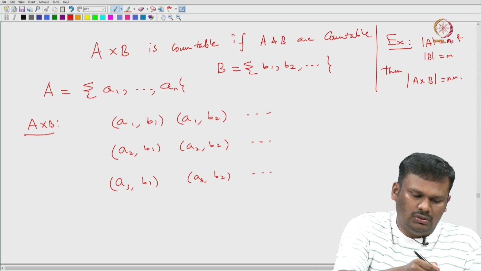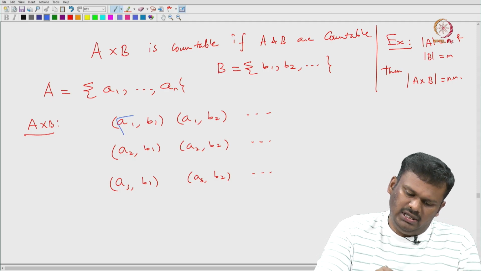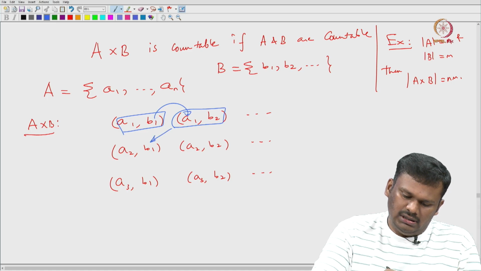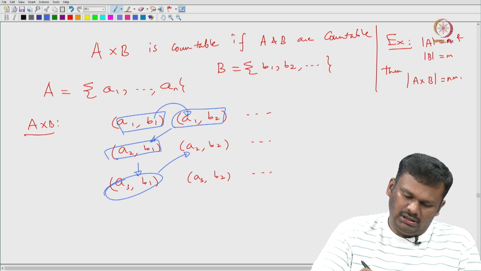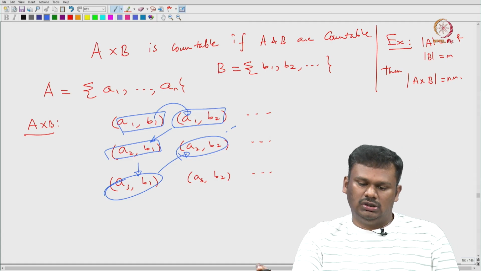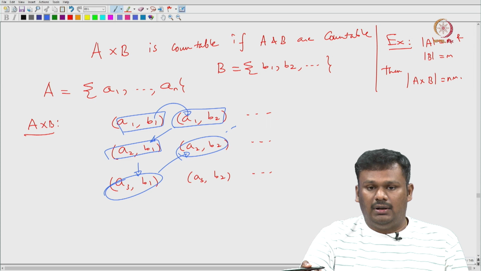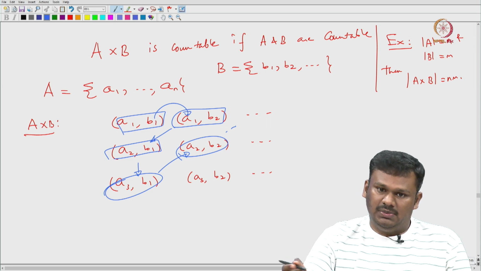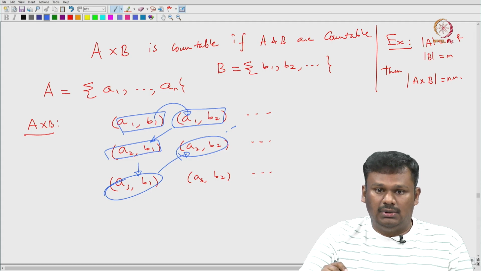Then you just use this Cantor diagonalization. You start with this, then you go to this and then go to this and then come to this and then go like this, and so on, you will be able to count all of them. Then you will have a natural surjective map from N to this A cross B. So, that proves that A cross B is again countable.